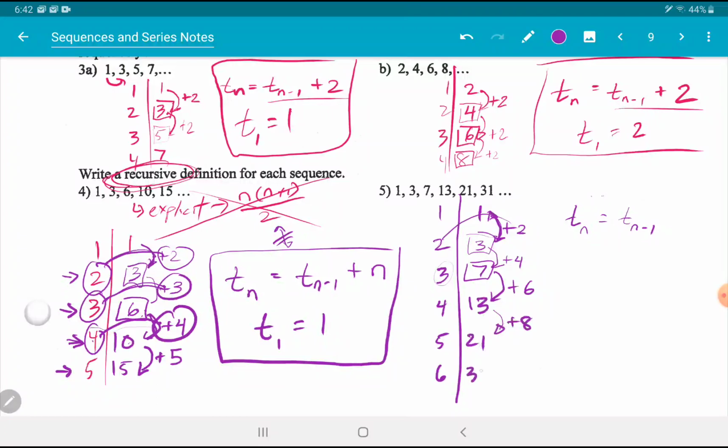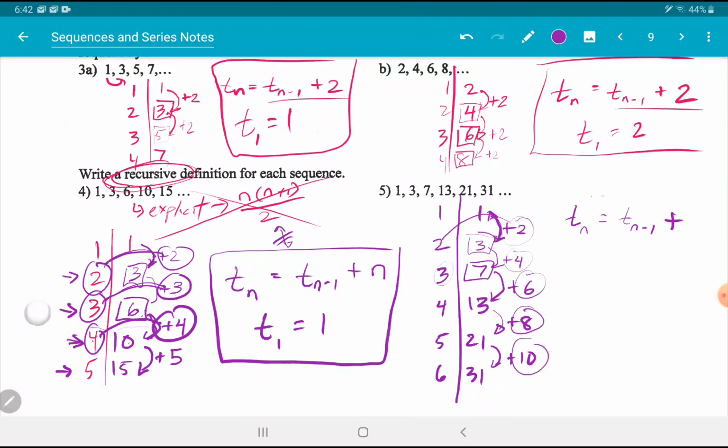Over here, this is supposed to be 31, right? How did I get there? I took my previous term and added 10. So we're saying let's take our previous term and add something. Well, what's that something? That something is either 2 or 4 or 6 or 8 or 10.